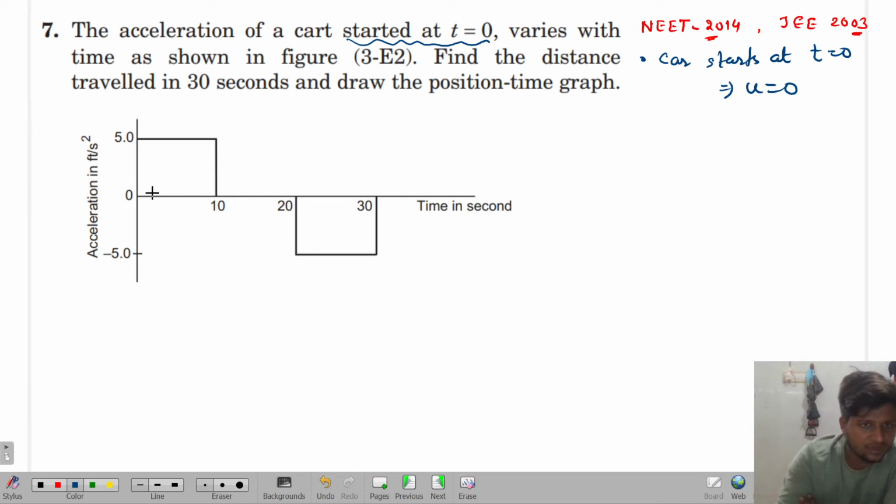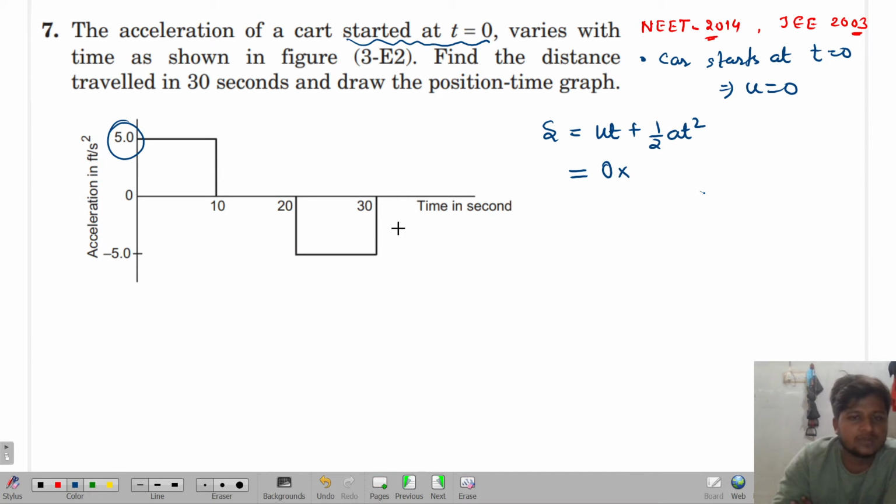For the first 10 seconds, it has an acceleration of 5 meters per second square. Now we need to find the distance. We know the formula: distance is ut plus half at square. Initial velocity of the car is 0.